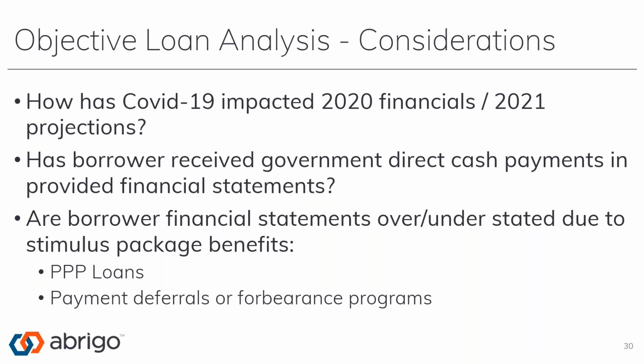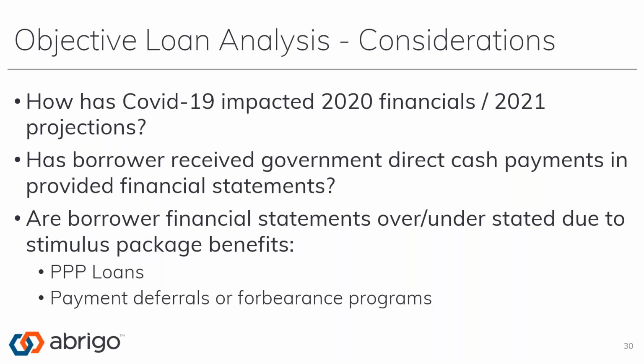So understanding the current condition and their financials from 2020 and their projection of 2021 are some key considerations. Has the borrower received government direct cash payments in the provided financial statements? I'm not sure if we have any ag lenders out there or not, but I know that ag actually exceeded expectations in 2020, mostly because of direct government cash payments.